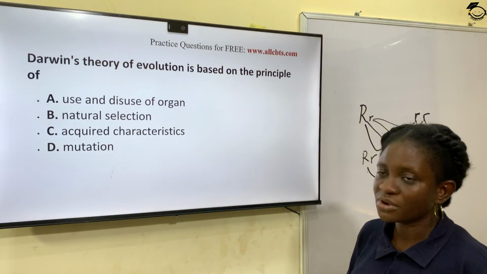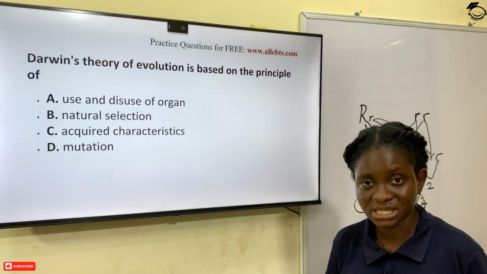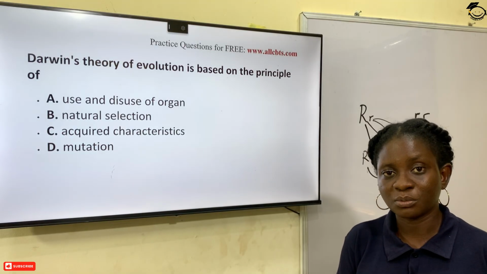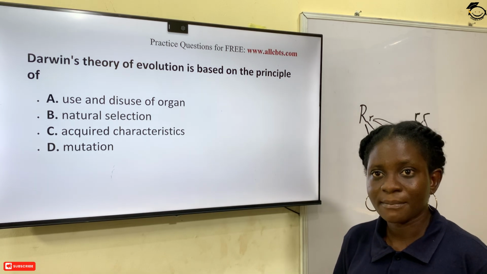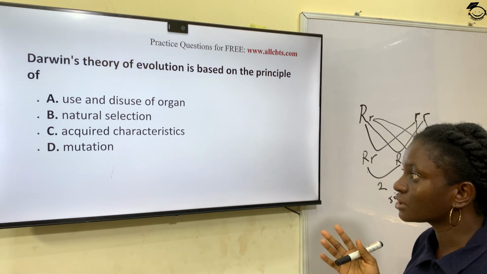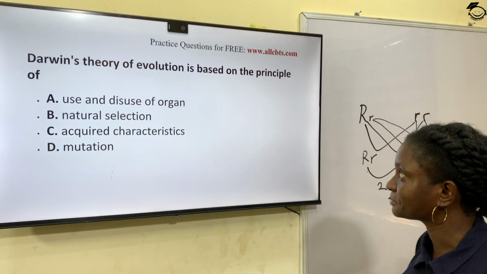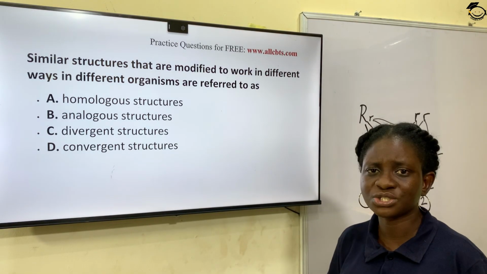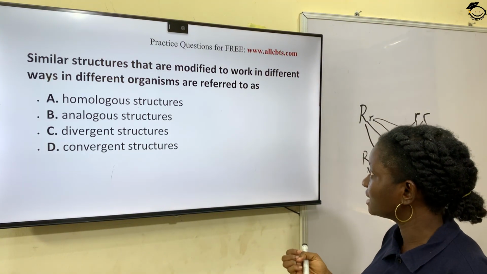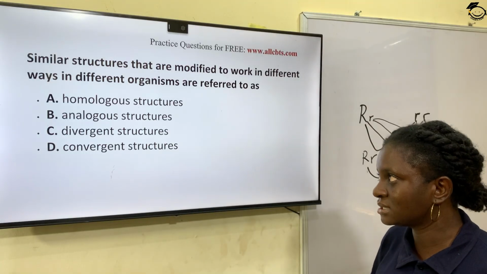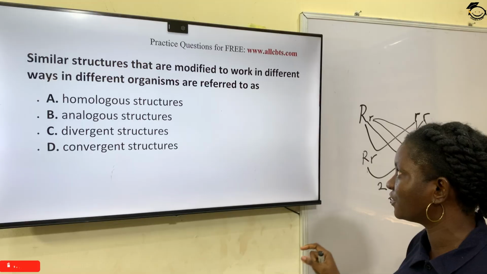Darwin's theory of evolution is based on the principle of natural selection, where we propose that genes from parents can be inherited by the offspring. So the correct answer is B. Natural selection.